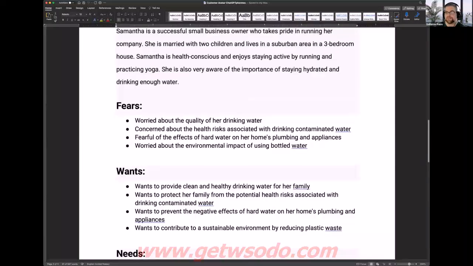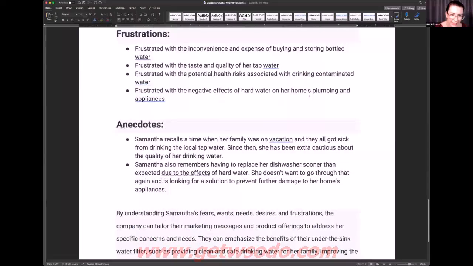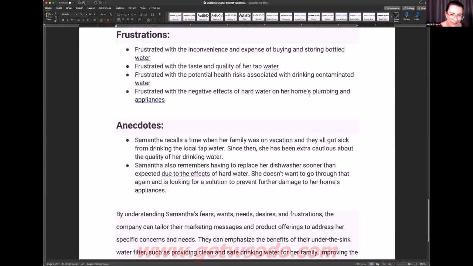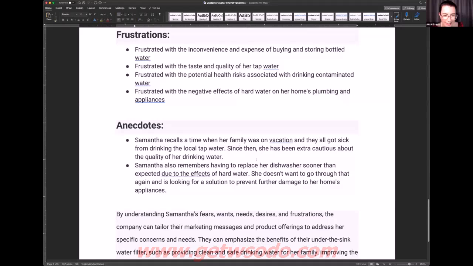Okay. Anecdotes. Have we seen an anecdote before on these? I think in the examples I gave, there may have been some anecdotes. That's just funny. It talks about water, but then this has a dishwasher. Let's see.